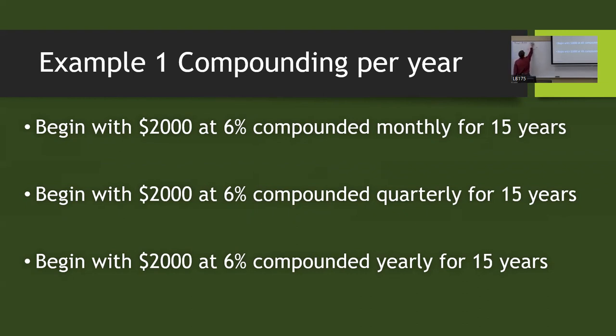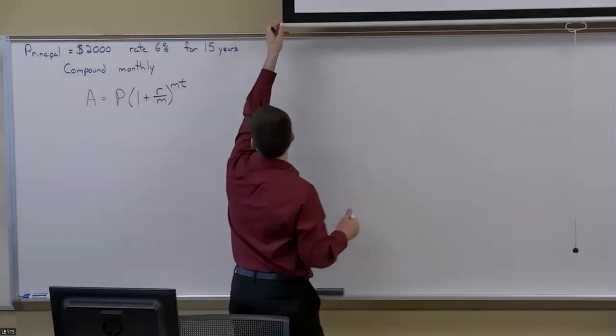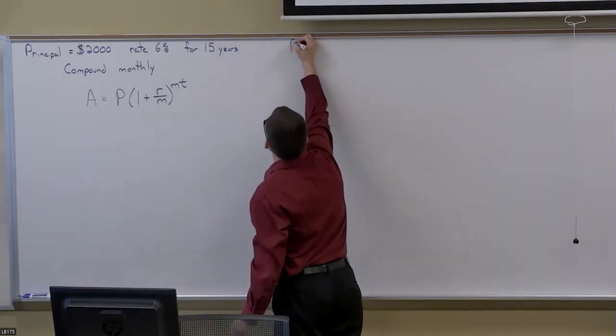The rate, 6% for 15 years. And in one instance, let's compound monthly. And in the other example, we'll compound quarterly. And see how much of the difference we have.